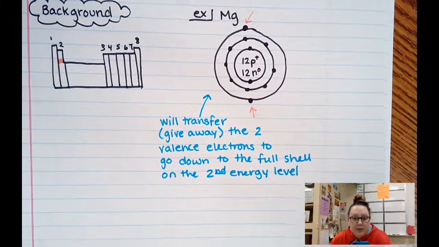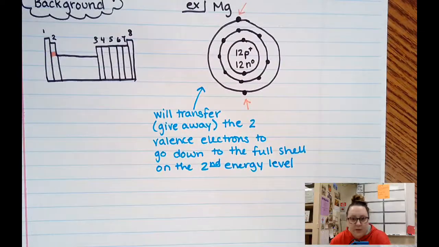It will give away the 2 valence electrons to go down to a full shell on the second energy level.